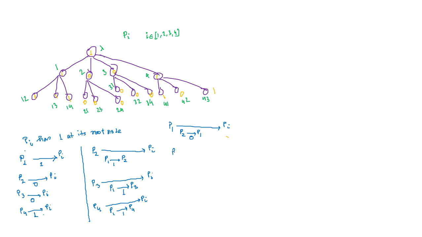Next, P3 told P1 in round 2 that P2 in round 1 told it that its root node value is 0.